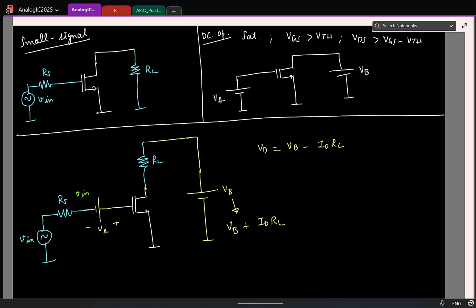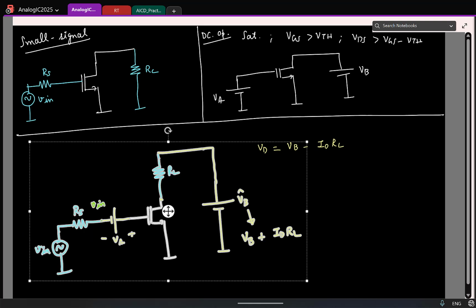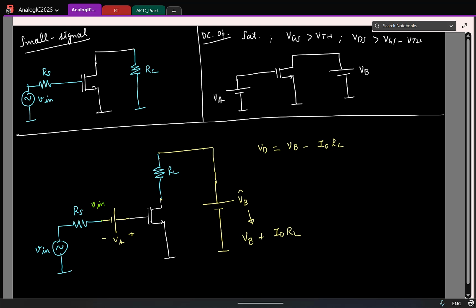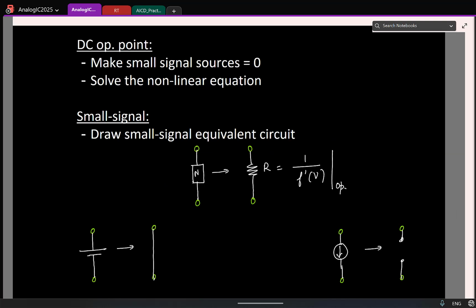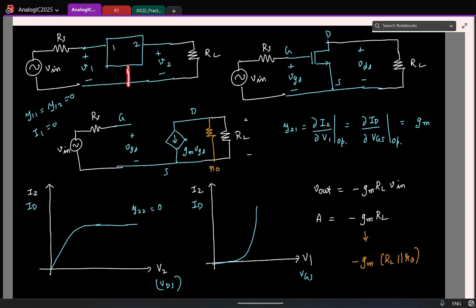Of course, I will not worry about this additional change, so I will call it some VB hat. Okay. So this is something that will work definitely, and this is what we call the common source amplifier. Because again, if we look at the two-port, this is the common terminal in my two-port, and the common terminal here is the source.